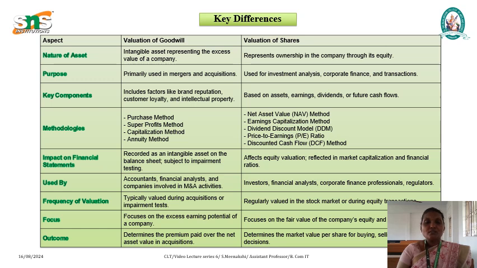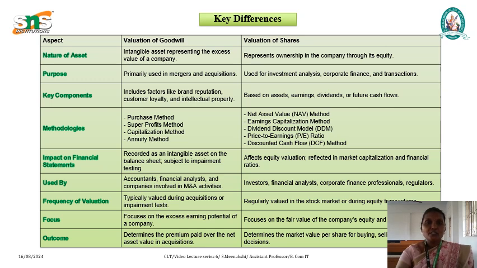Then the focus. In the case of valuation of goodwill, the main focus is on the excess earning potential of a company, whereas the focus is on the company's equity in the case of valuation of shares. Then on the basis of outcome, goodwill determines the premium paid over the net asset value in an acquisition, while share valuation determines the market value per share for buying, selling, and other day-to-day decisions.